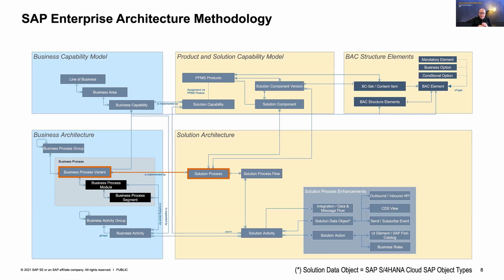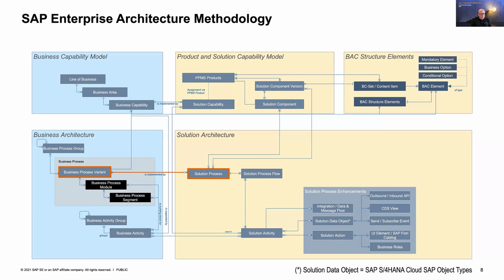So, and here, for instance, one core element, and that you will also later see in the Cloud ALM, is the business process variant. A business process variant is one particular business process that you need, and that can be implemented by a solution. And that's why we have that red link into the yellow solution area, because there you see, corresponding to the business process variant, a solution process.